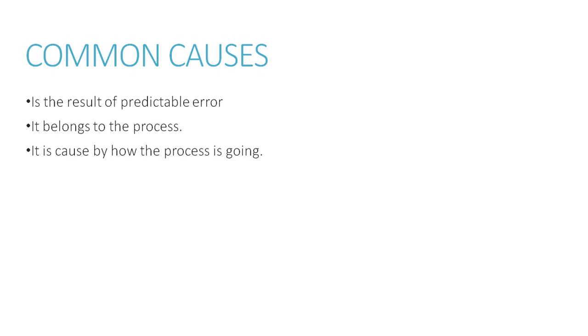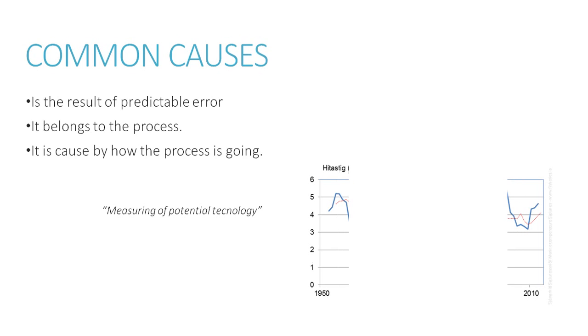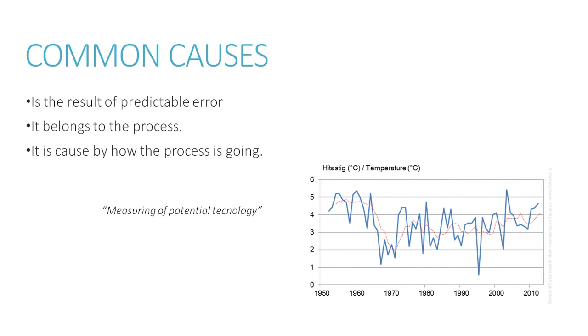Common causes are the result of predictable error. They belong to the process, and are caused by how the process is running. Usually it is called the measure of potential technology. Why? Because in your company or in your process, you have variability.